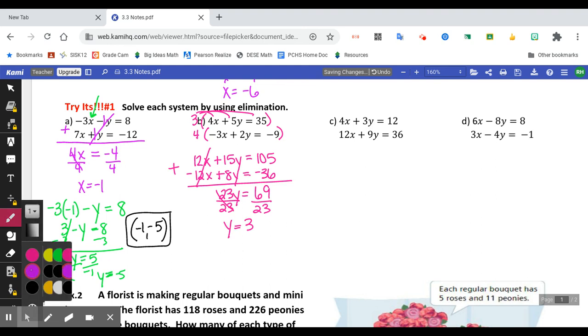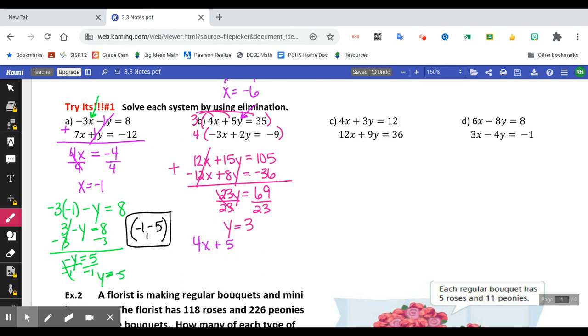Now let's plug it back in. So y is going to go right here for y in the top one. 4x plus 5 times 3 equals 35. So 4x plus 15 equals 35. Subtract 15, 4x equals 20.